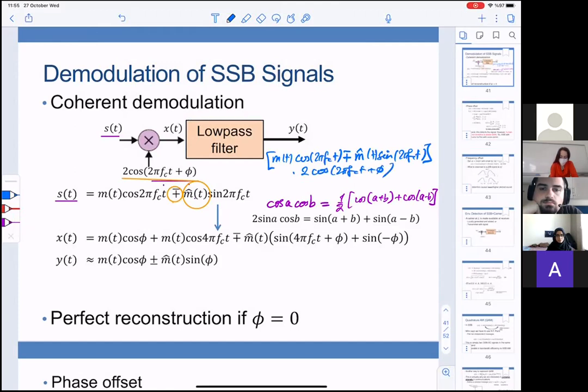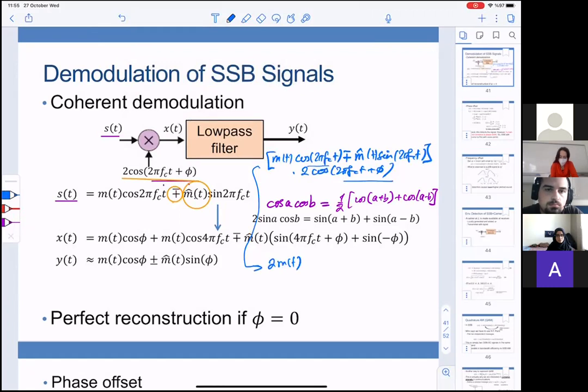Now we have from the first term twice m of t times cosine 2 pi fct cosine of 2 pi fct plus phi.